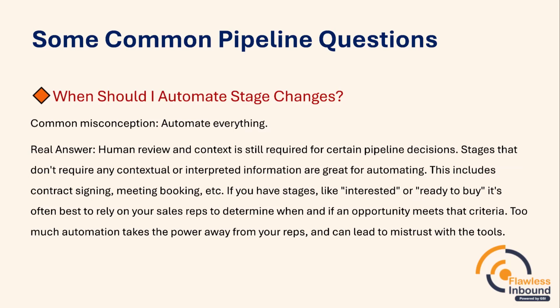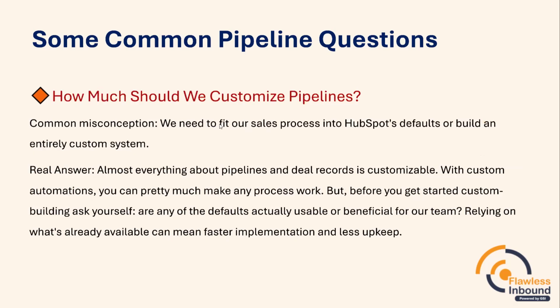If they keep seeing this deal keeps moving into the ready to buy stage, and I've talked to this person and I know that that's not true, they won't be ready until this time, but the scoring keeps saying they are, then they're not going to trust that the tool actually knows what it's doing or that the automation actually knows what it's doing. And so I think that there are a lot of times when it is still important for that interpreted information to come into play in your pipelines.